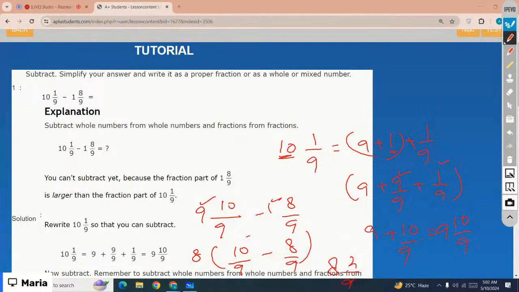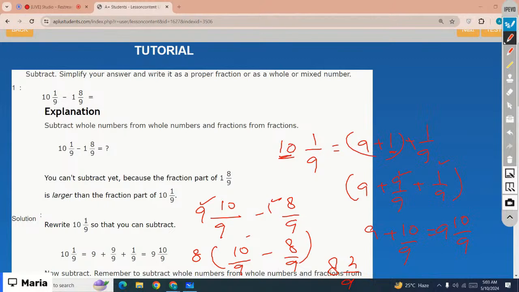The thing you have to understand here is that whenever you can, you simply subtract the whole numbers and simply subtract the fractions, right? But here the first fraction is 1 over 9, the second one is 8 over 9. You cannot subtract 8 out of 1, right? You always subtract a smaller number out of the greater one. So you have to make the first fraction greater than the second one.